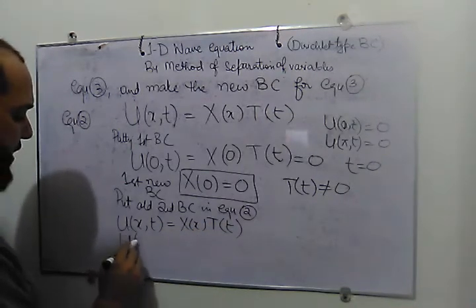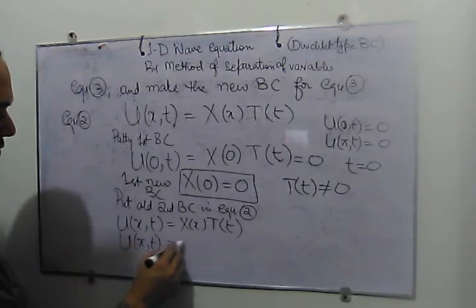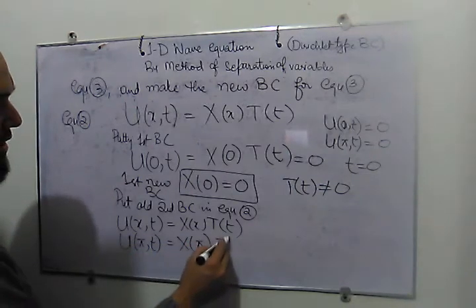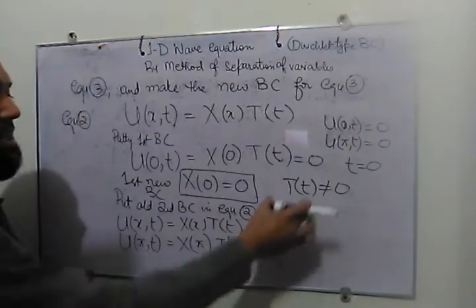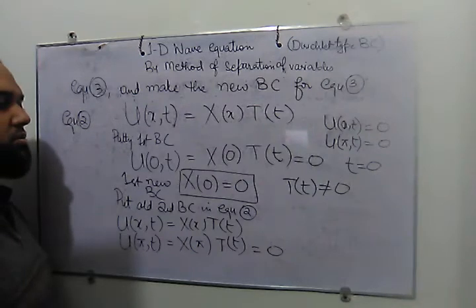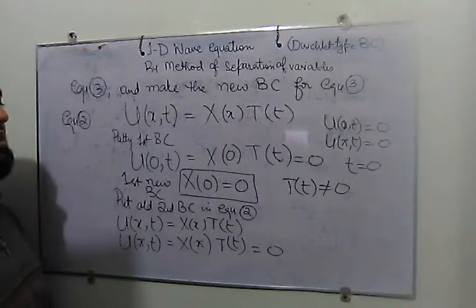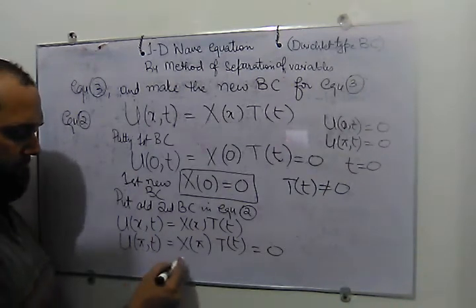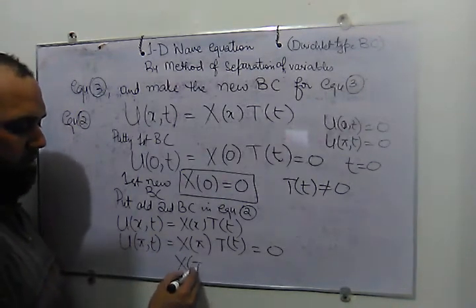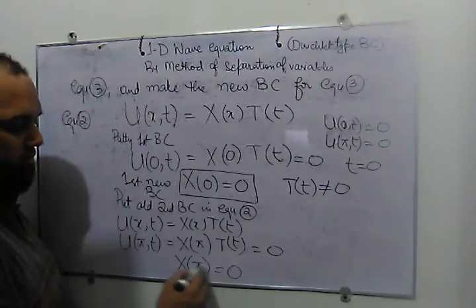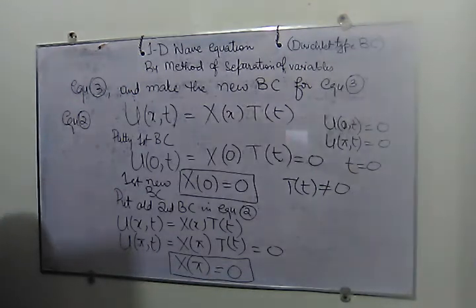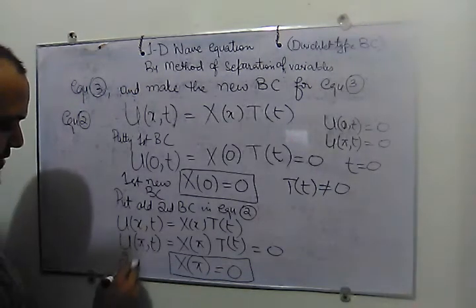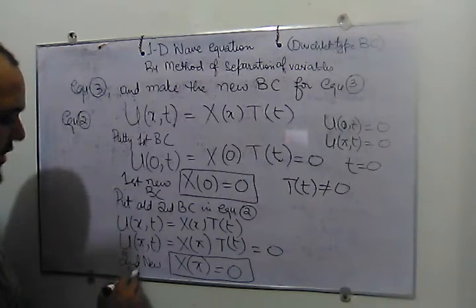So applying the boundary condition, we have u(pi,t) equal to X(pi)T(t), and this u(pi,t) is equal to 0. By the same argument that the T function cannot be 0, since t equal to 0 is the start of the experiment and then after that t continues increasing, we have no option but to put X(pi) equal to 0. Therefore, this is our second new boundary condition.